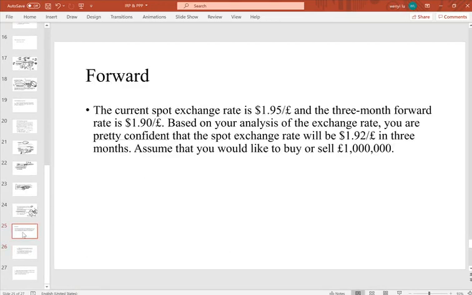The next one. The current spot rate is $1.95 per pound. The 3-month forward is $1.9 per pound. Based on your analysis of exchange rates, you are pretty confident the spot rate will be $1.92 per pound. So if you are confident the rate will be $1.92 per pound, how will you make a profit?